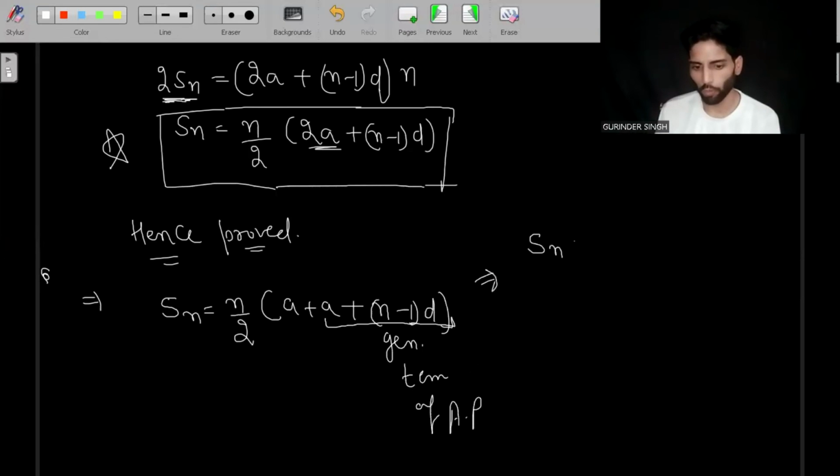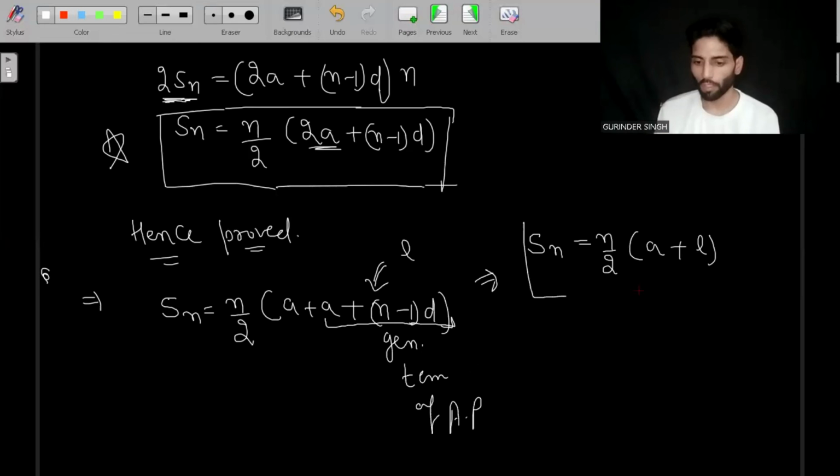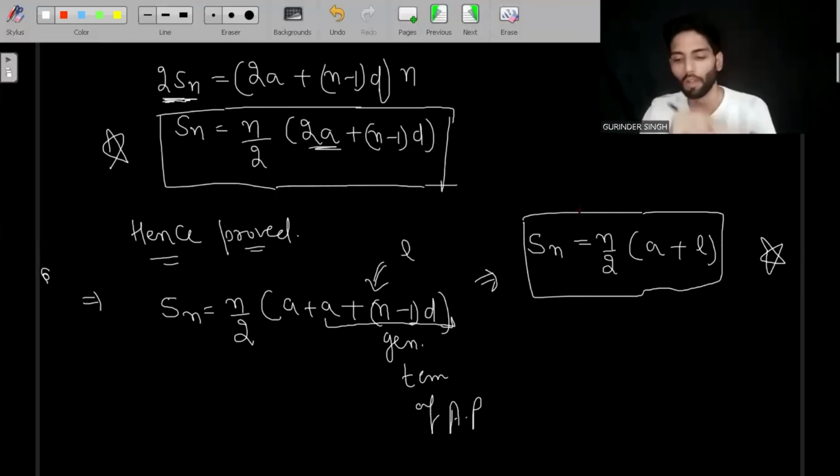So Sn is equal to n by 2 into (a plus l), where I am writing l as the last term. So we have derived another important formula. Remember this formula also.